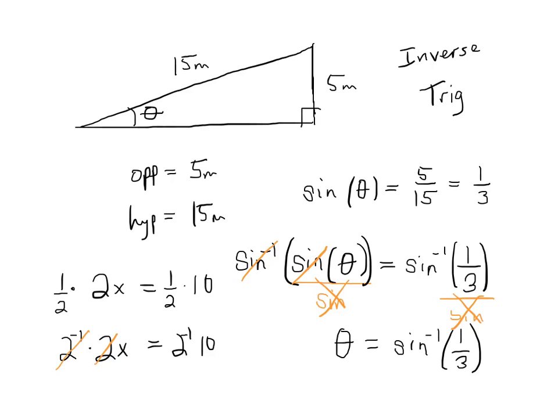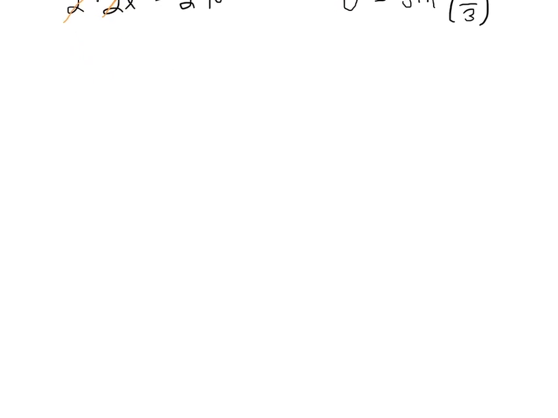So we got 19.47 degrees. Inverse sine tells you the angle in the event that you don't know the angle and all you can do is measure the sides. We could do a similar thing with inverse cosine and inverse tangent.